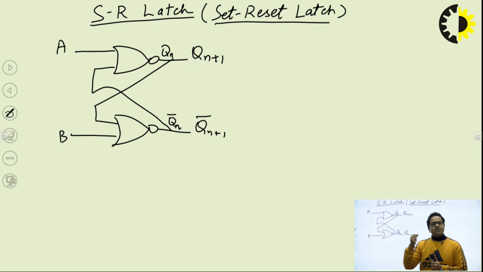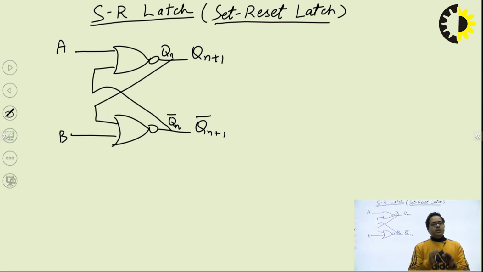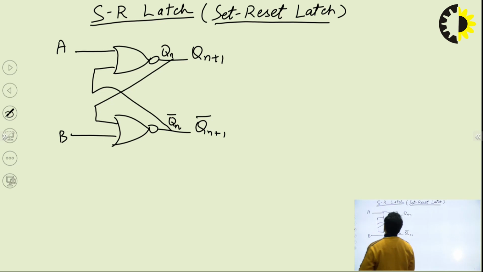For that we are just considering the terminals as A and B. We are going to give different values for AB: 00, 01, 10 and 11, and based upon that we will visualize what the output is. Once we get the output, we have to understand whether we assign the name set to A or to B. So, that is the first thing.